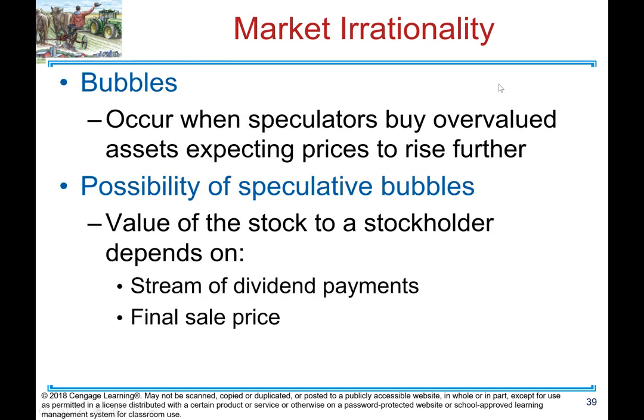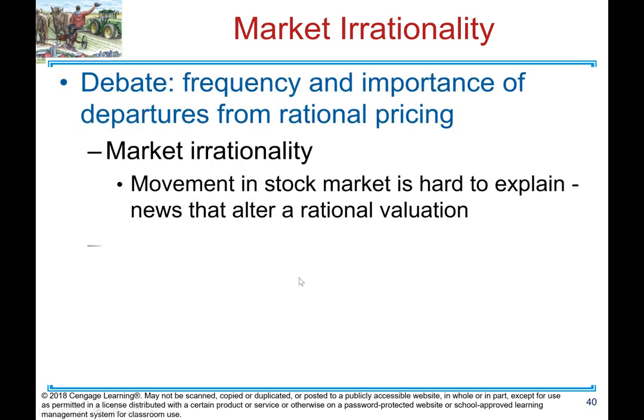Bubbles occur when speculators buy overvalued assets, expecting prices to rise further. Possibility of speculative bubbles. Value of the stock to a stockholder depends on the stream of dividend payments and final sale price.